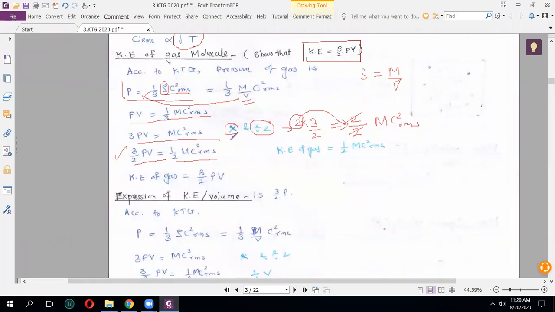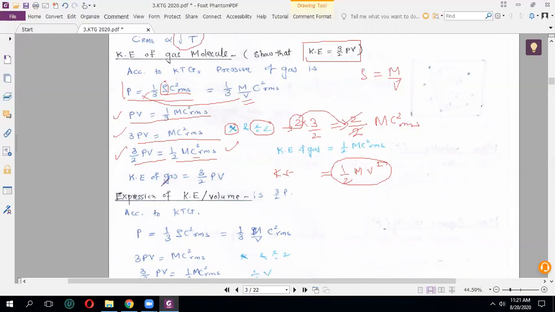Okay, sir. First clear this derivation. You understand this derivation? How we get 3/2 PV is equal to 1/2 m C square RMS. Clear this part? We multiply and divide by 2. Now next, half mC square. I already said that here C represents velocity and m represents mass. We know that half mv square is the kinetic energy formula, but this C represents the gas speed.